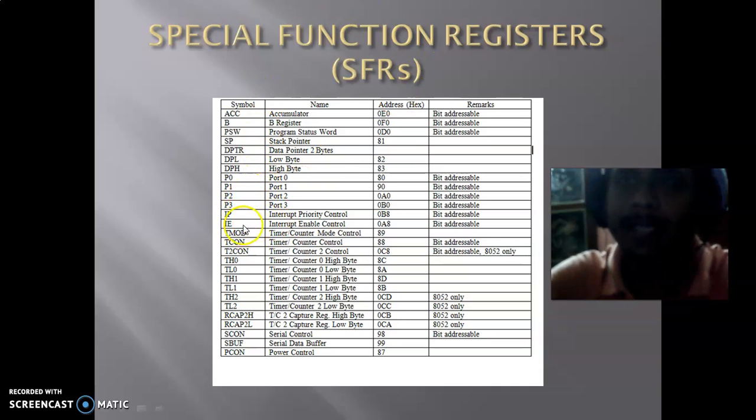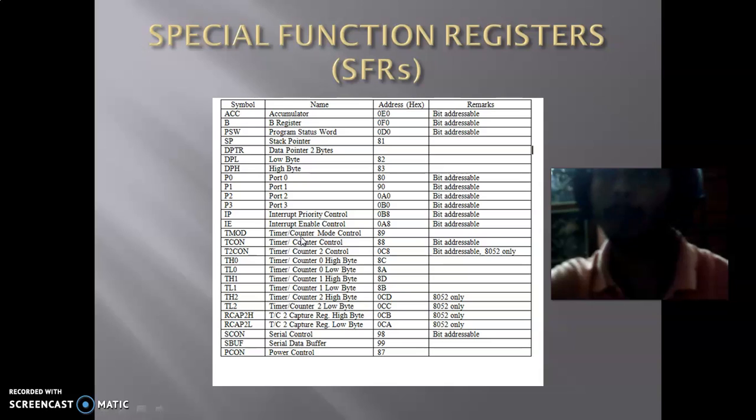And IE, that is the interrupt enable control register, its address is 0A8. That is also a bit addressable register by which we can select a particular interrupt, meaning enable the interrupt as well as disable the interrupt. And we have the TMOD register, which is used for the timer counter mode control operations.